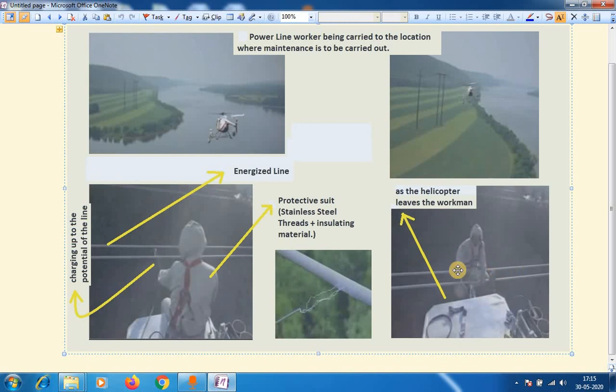So the current continues to flow normally, and there is no current flowing through his suit or any part of his body, because inside, electromagnetically, he is shielded definitely, and over the surface of his suit there is no current. His suit has sufficient resistance so that the normal current path is not disturbed, because current always flows through the lowest resistance path.